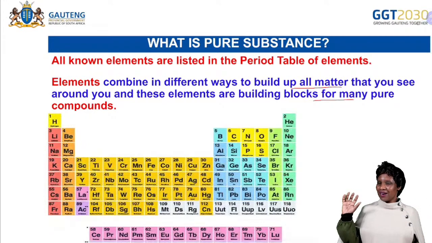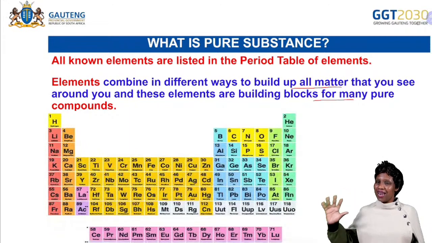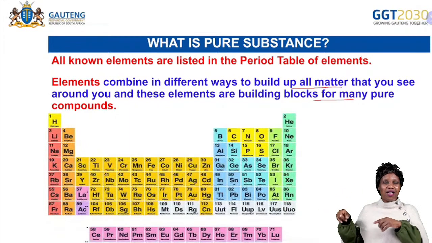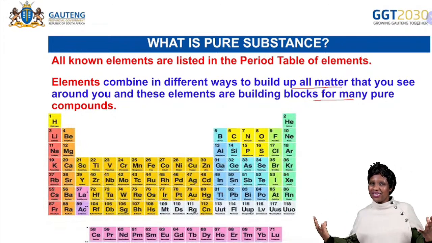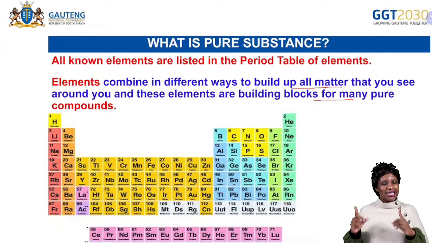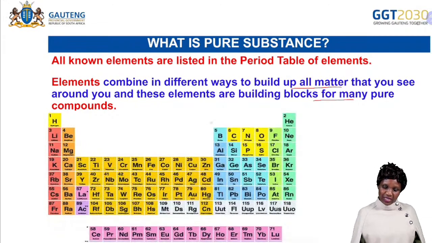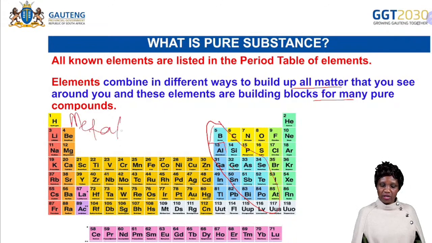And on the right-hand side, we've got the non-metals. And the region in between the metals and the non-metals, we've got the semi-metals. Do you get it? These are the semi-metals. This is the region that we are talking about here. And this side, we've said these are metals.